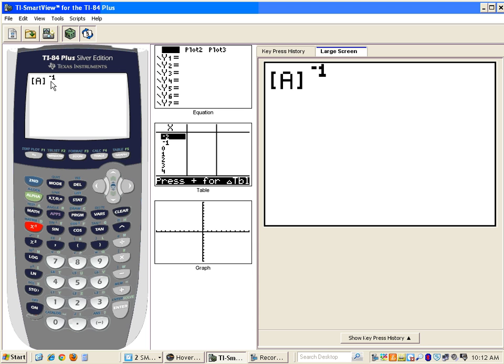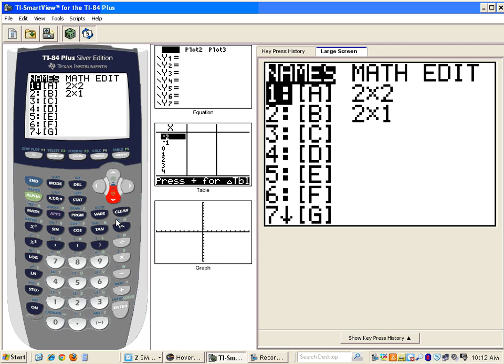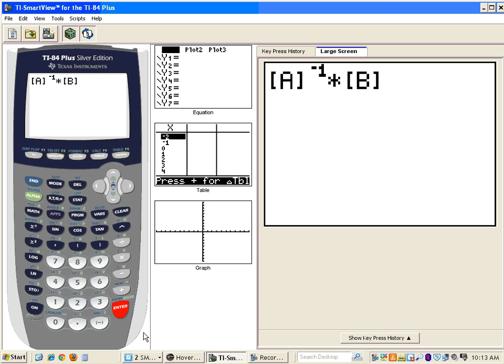That way I have the inverse of A times, pull up matrix B, there's my B, go ahead and hit enter, there's my intersection point 1 and 2. Pretty sweet.